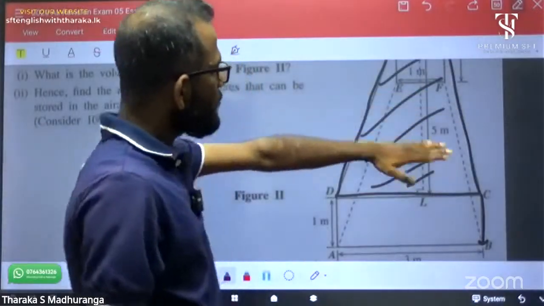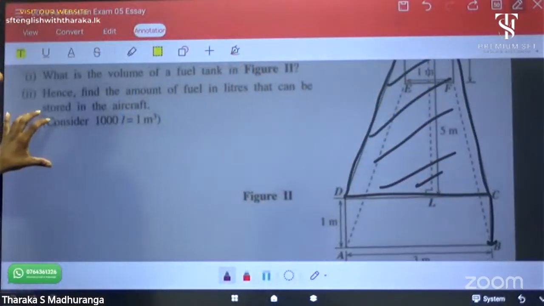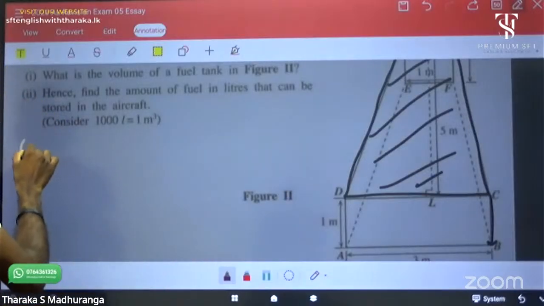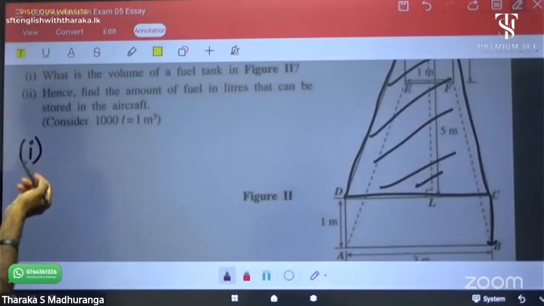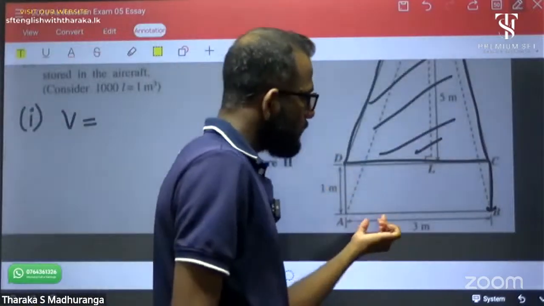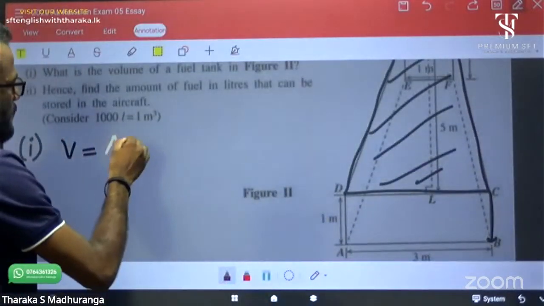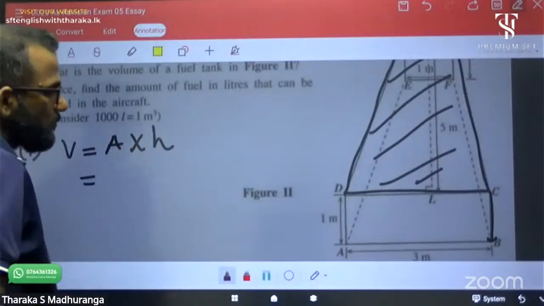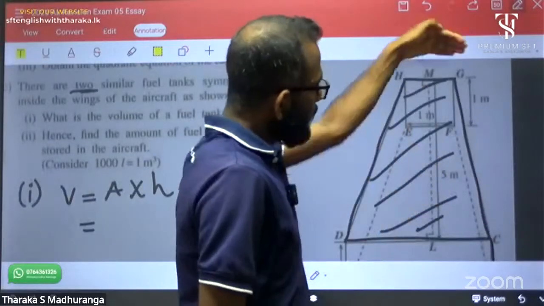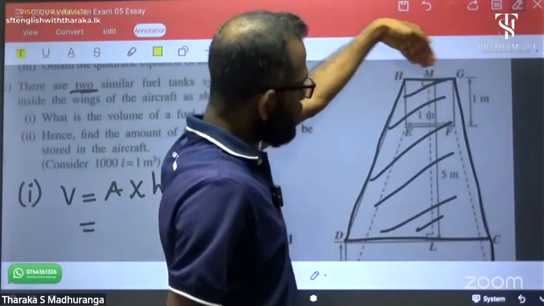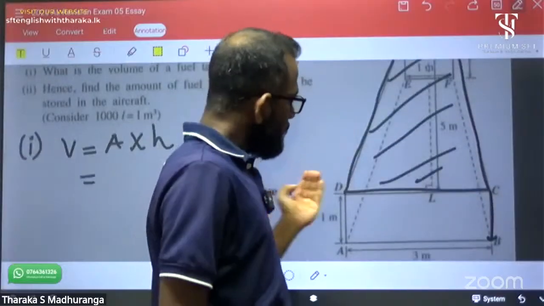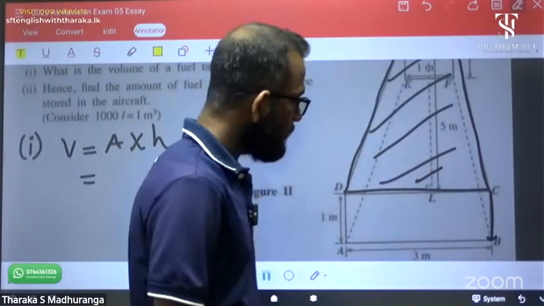Okay, now the uniform cross section is a trapezium. I'm going to do this paper, first part. First we can get the volume equal to area into height. This is the concept. Now, what are the two parallel sides? This horizontal side HG is 1 meter, given, and DZ is 3 meters, given.